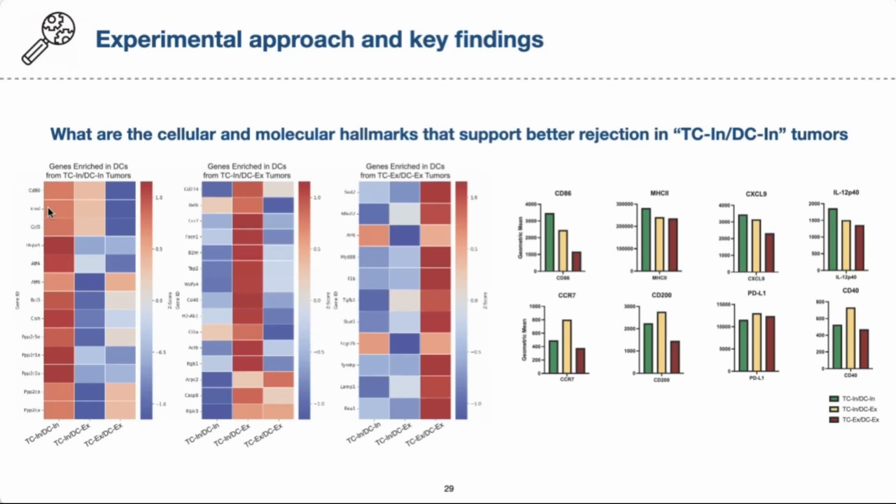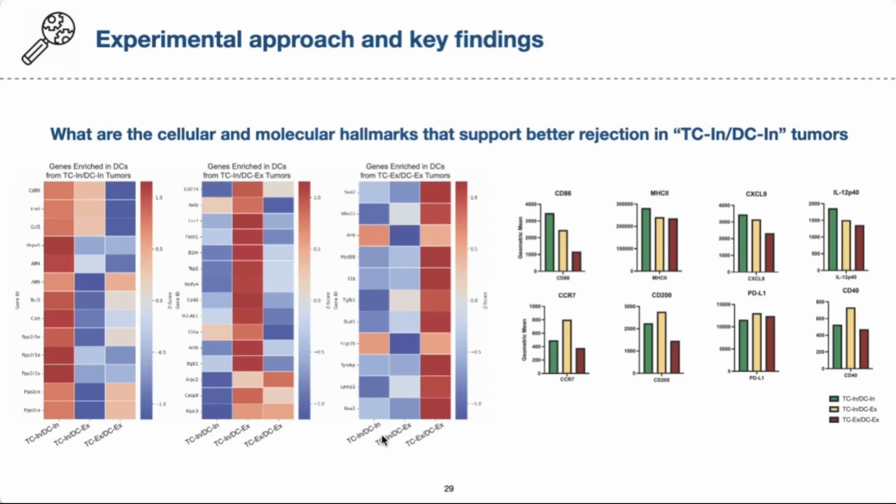They lacked a strong migratory gene expression. For example, looking here at CCR7 and Fascin1, which was really highly expressed in our T cell infiltrated tumors that lacked dendritic cells or had dendritic cells excluded.